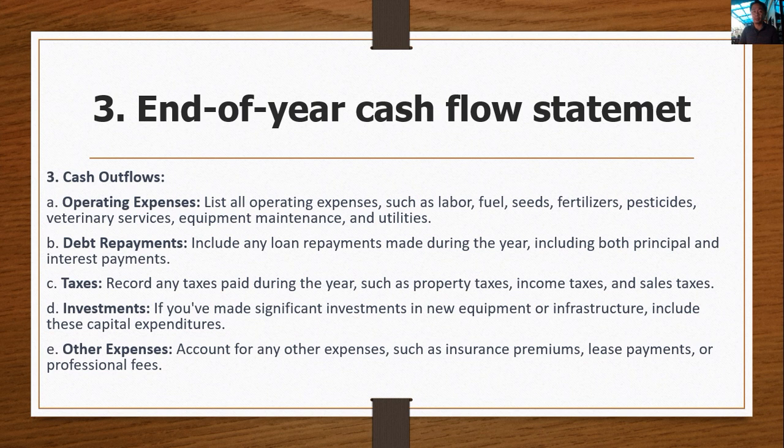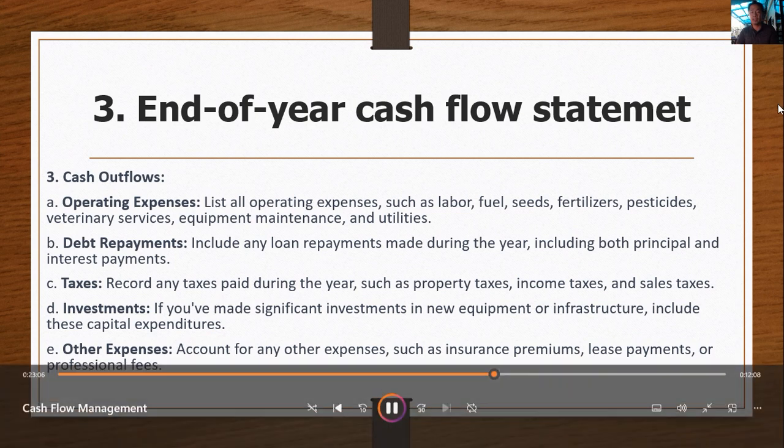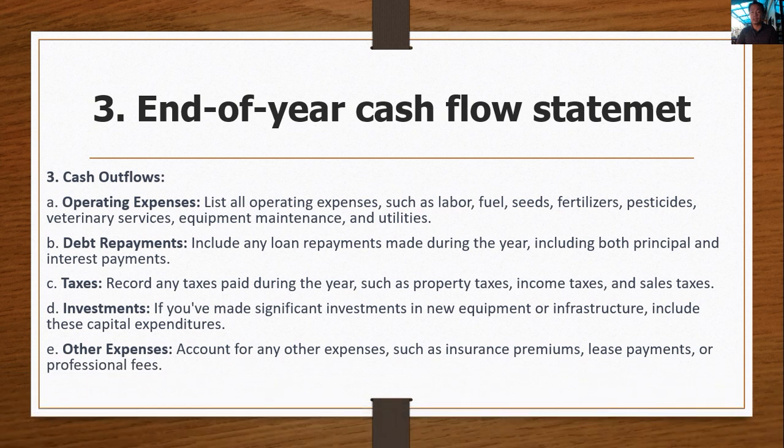While in your debt repayment, include any loan repayments made during the year, including both principal and interest payments. Also your taxes: record any taxes paid during the year, such as property taxes, income taxes, and sales taxes.